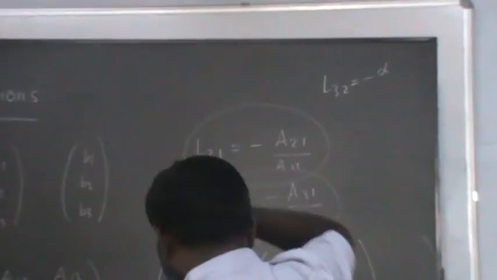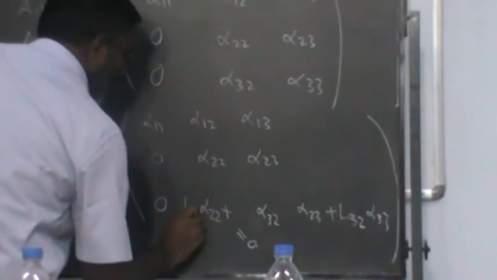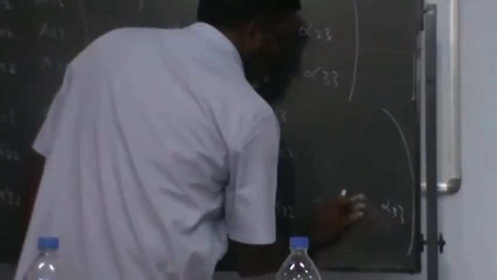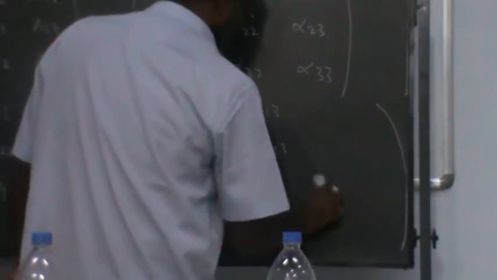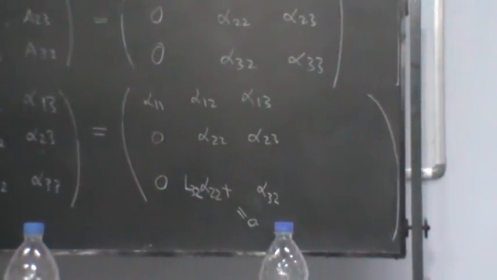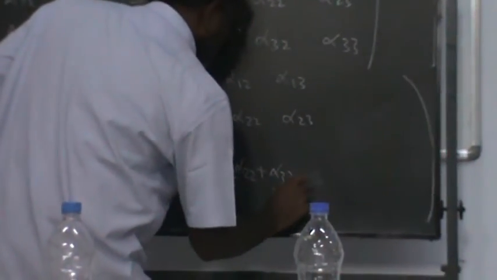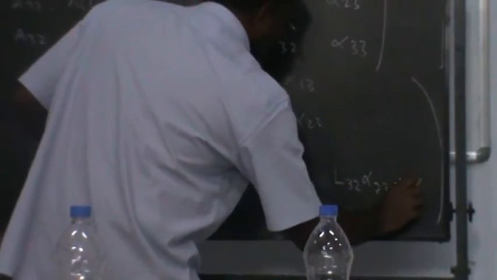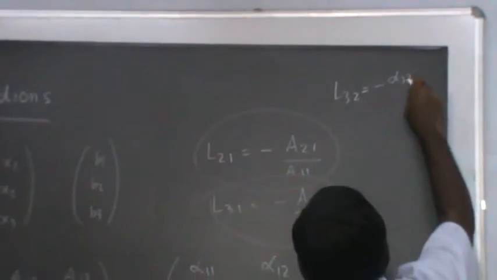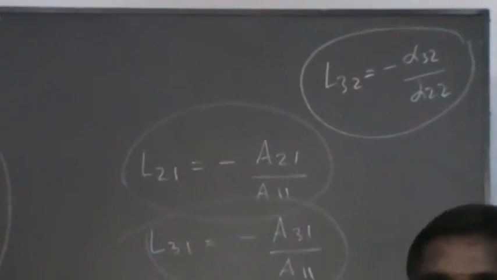If I choose it like this, this element is going to be equal to 0.